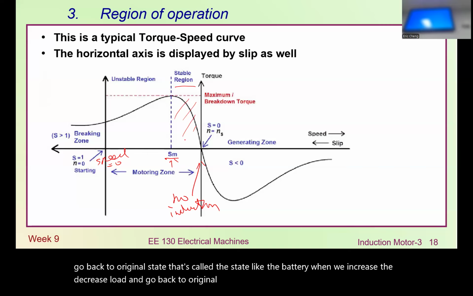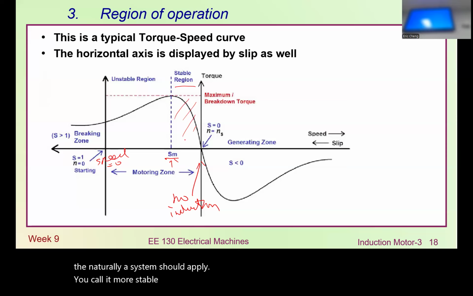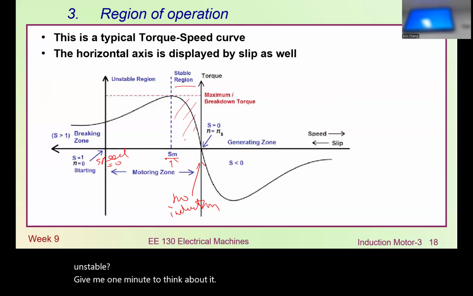That's what we like in a system, and naturally a system should look like this, a more stable system. So now that you've understood the operation, let's think about this curve. Why do we say it's unstable? I'll give you 1 minute to think about that. That's the characteristic of all induction motors.